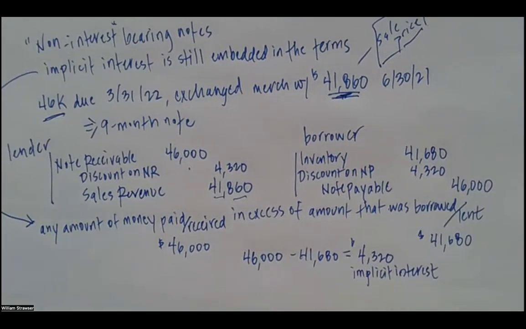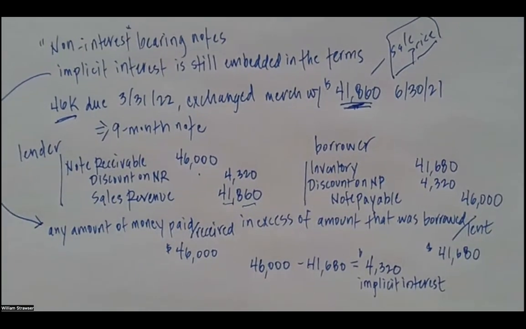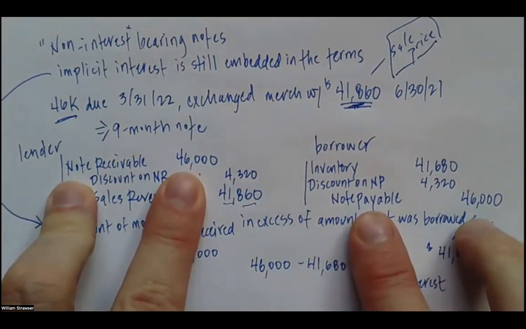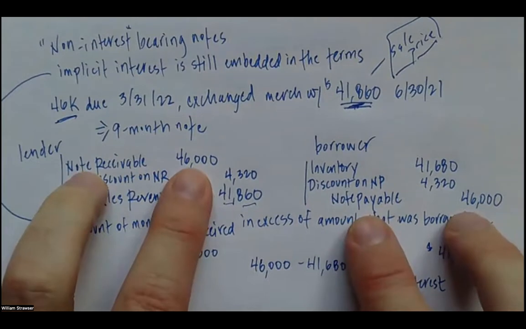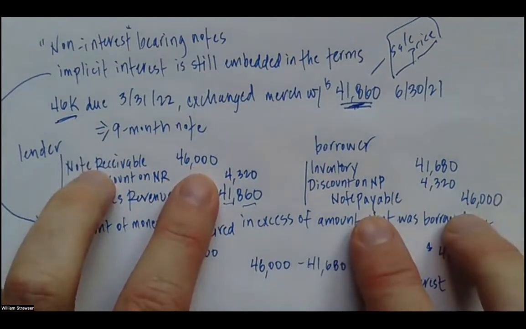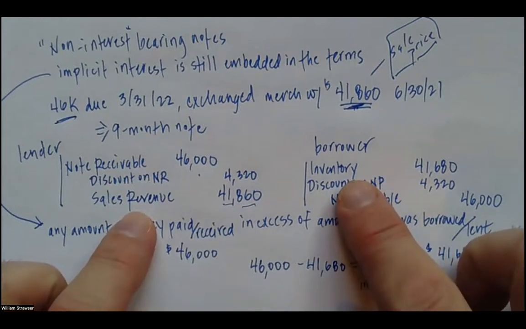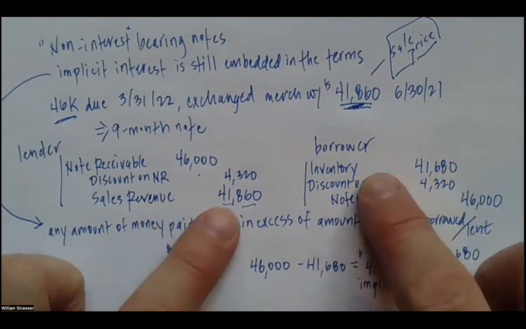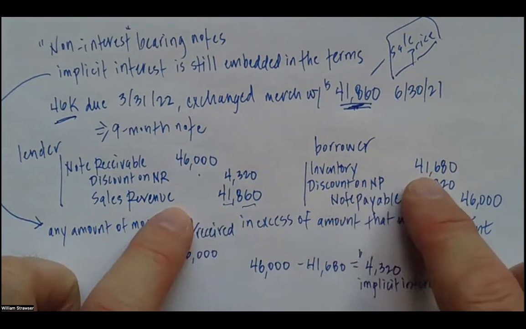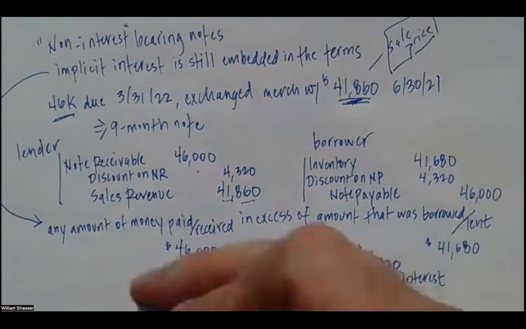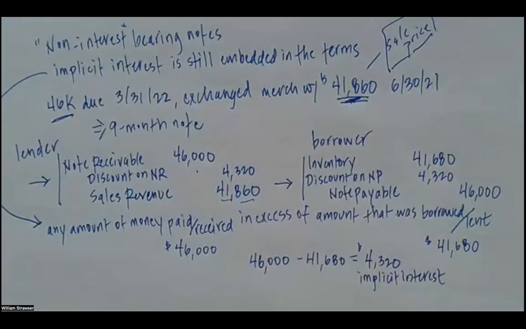So that is how the note is initiated, right? The note itself is recorded at its face value, the amount that's due. The goods or services that we exchange are recorded at their fair value, their sales price. And this discount, any discount, is a contra account.